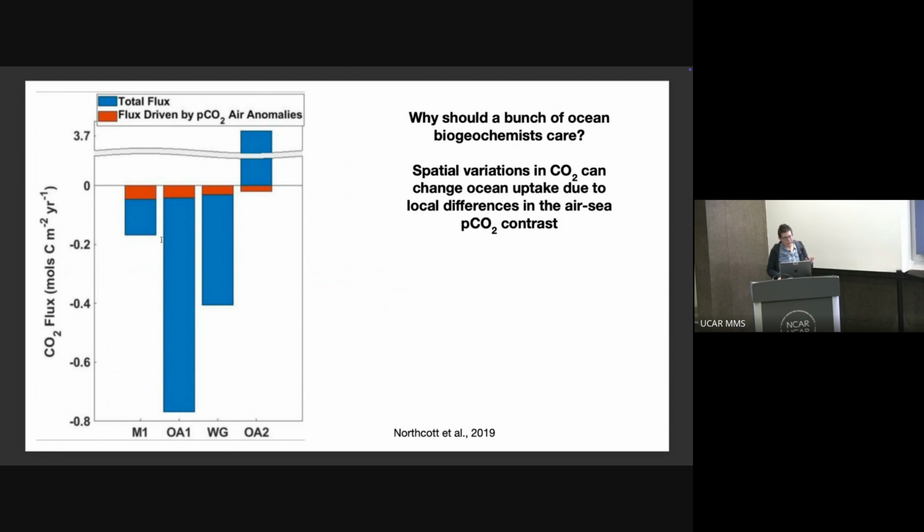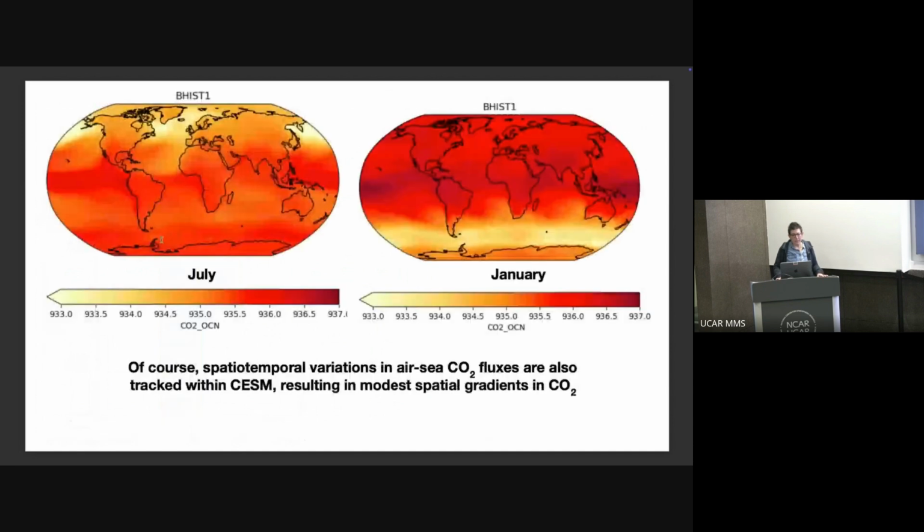So tracking CO2 in a four-dimensional sense in the CESM atmosphere enables getting at some of these feedbacks. Of course, when you're tracking CO2, you can also get at spatial and temporal variations due to natural fluxes. So this is again 2014. These are snapshots of what July and January look like.